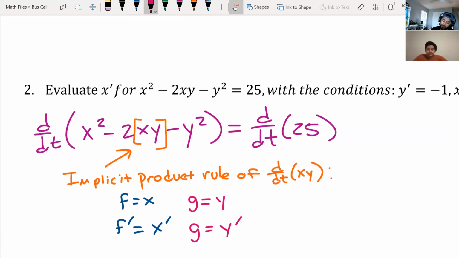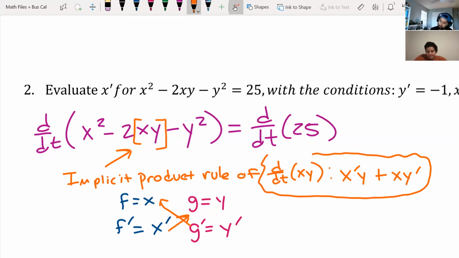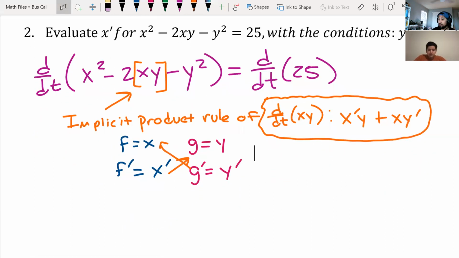And now, if you finish your product rule, it would be f prime times g, which would be x prime y, plus, oh, forgot my prime on there, g prime times f, y prime x, or, like I said, I like to write it as x y prime. So if you see that, save this little derivative formula to save yourself some time. Okay, now let's move forward.